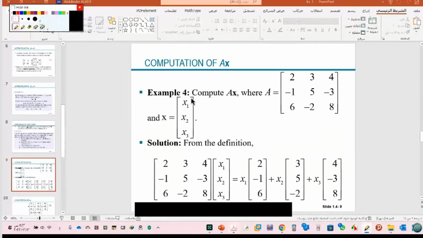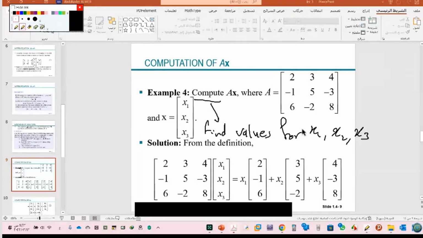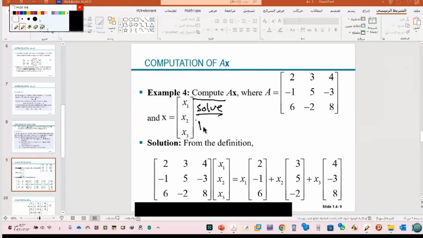Here in this example, it asks me to compute AX. Compute means find values for x1, x2, x3. How can we compute or solve or check linear combination?